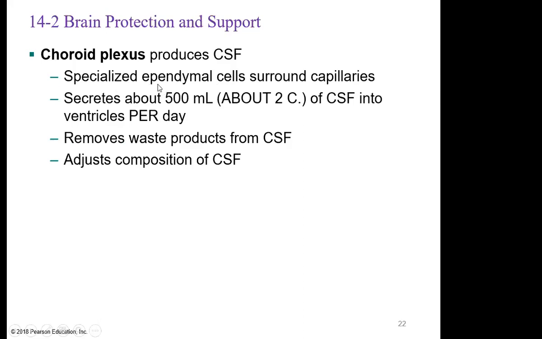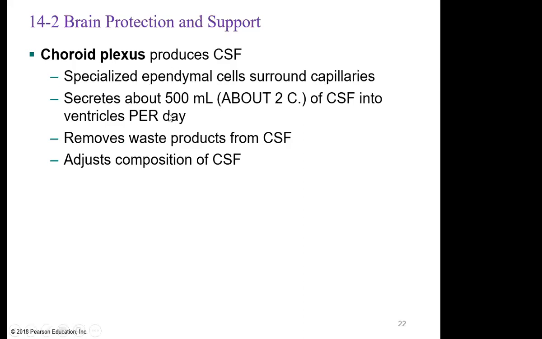So every day it will secrete about 500 mils of CSF into the ventricles. At any one point in time, we normally have about 150 mils within our central nervous system. So not all 500 mils are going to be in there at the same time. Generally, it's going to be replaced about every 8 hours. So about 3 times a day, you're going to be getting fresh, new, healthy cerebrospinal fluid.